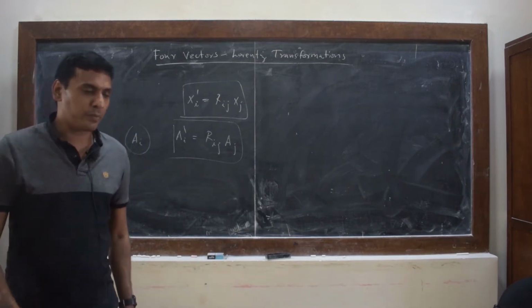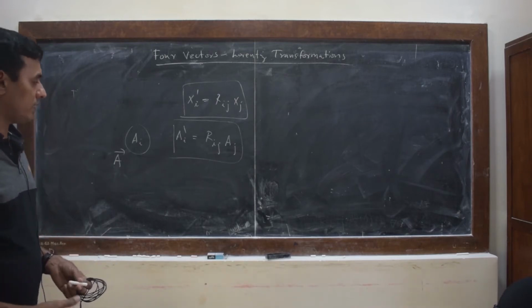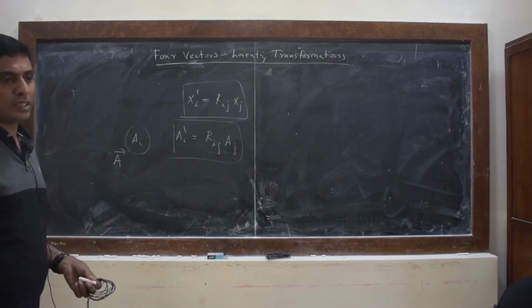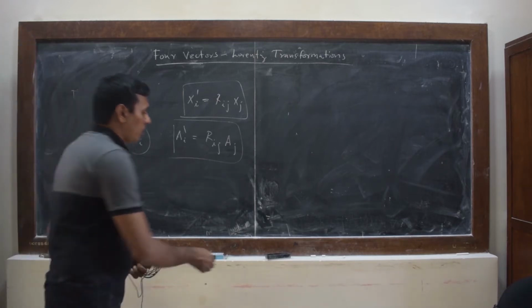Now, we need to define what a 4 vector is, or discuss the transformations of 4 vectors. To do that, I will start with Lorentz transformations.